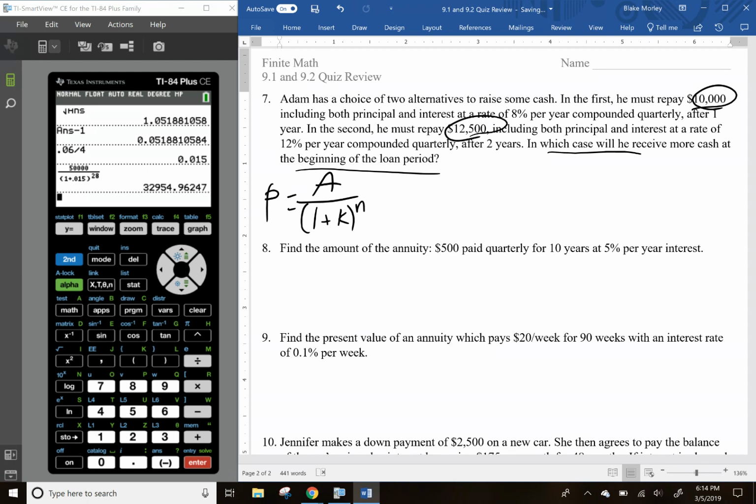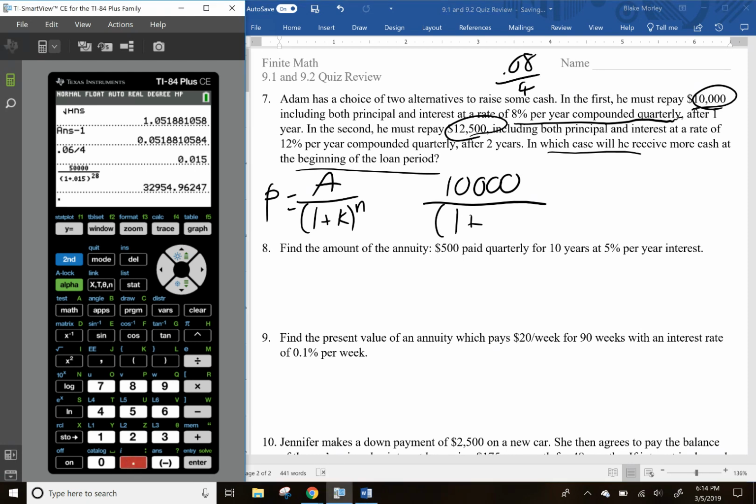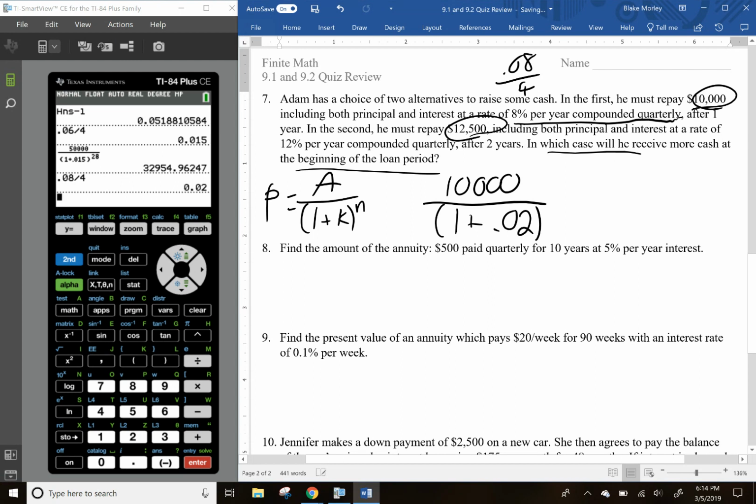The first loan is $10,000 at 8% per year compounded quarterly. So K would be 0.08 divided by 4, since quarterly is 4, which makes 0.02. And then the n: it's 4 times a year for 1 year, so 4 times in total.